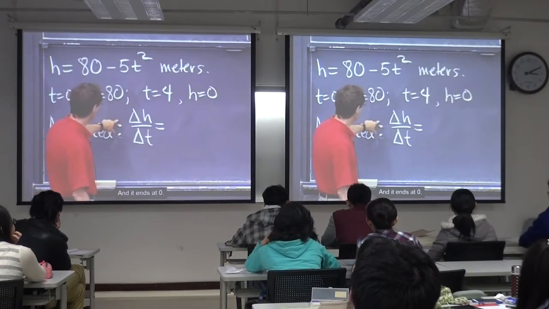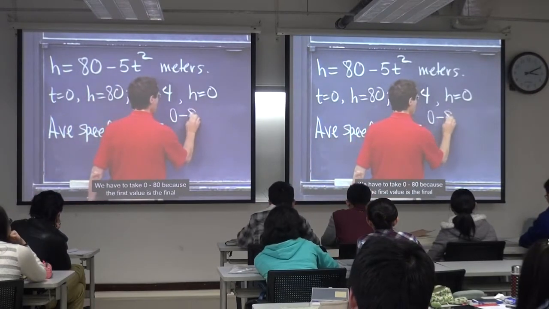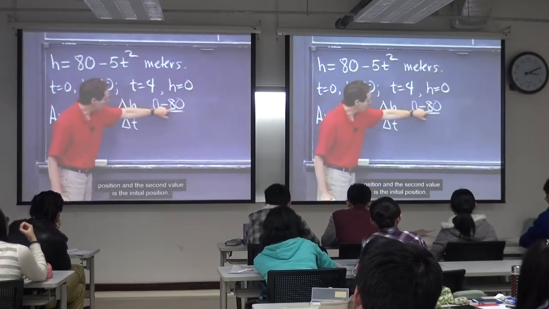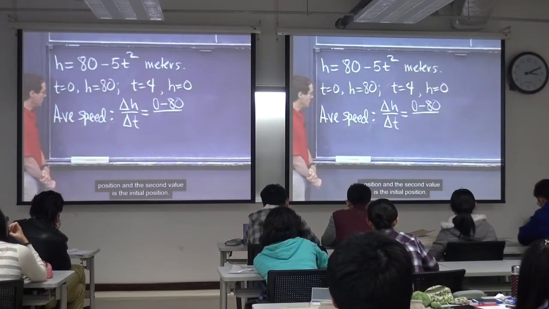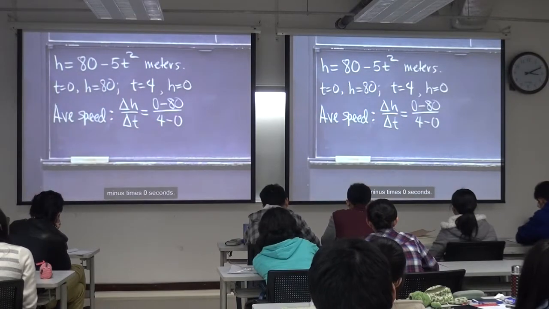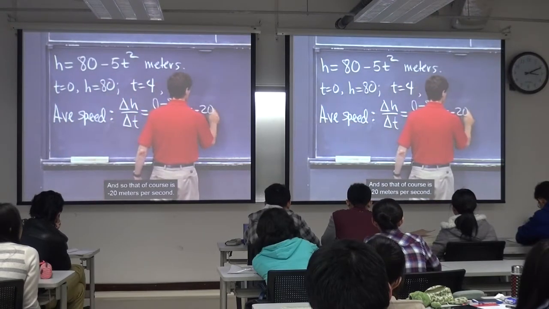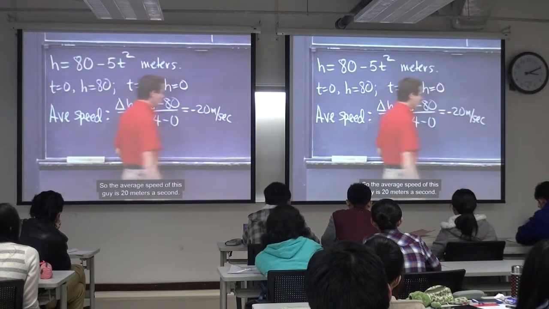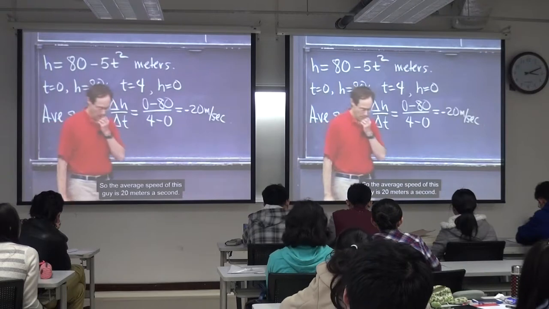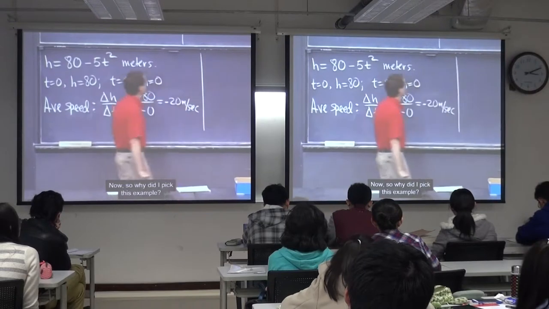And it ends at 0. So actually we have to do it backwards. We have to take 0 minus 80, because the first value is the final position, and the second value is the initial position. And that's divided by 4 minus 0, time 4 seconds minus time 0 seconds. And so that, of course, is minus 20 meters per second. So the average speed of this guy is 20 meters a second.